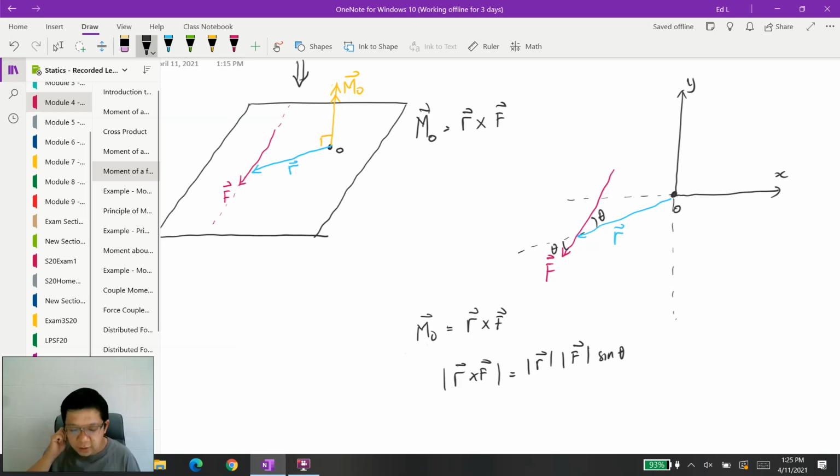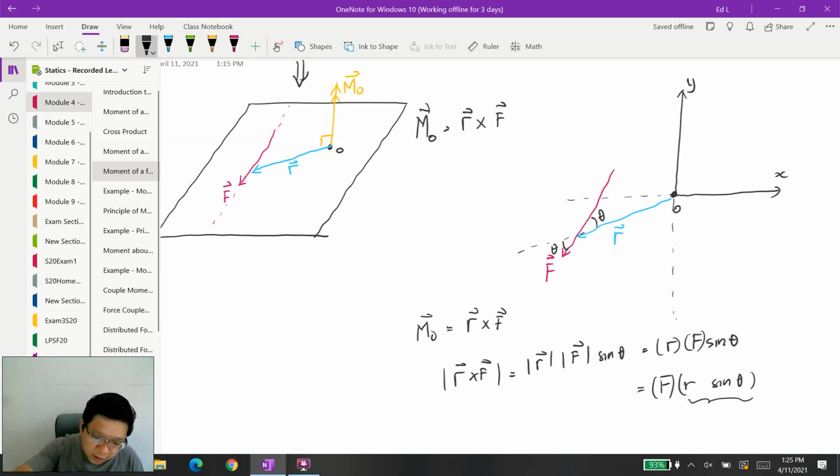This theta is the same thing right there. So R F sine theta is the magnitude, and in other words I can just rewrite it as F R sine theta. If you are paying attention to the term R sine theta here, and if you look at the 2D figure that we drew, I'm going to extend the line of action right there.